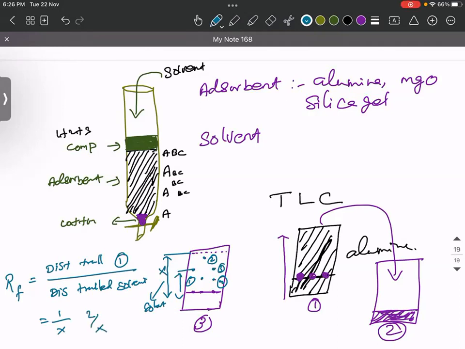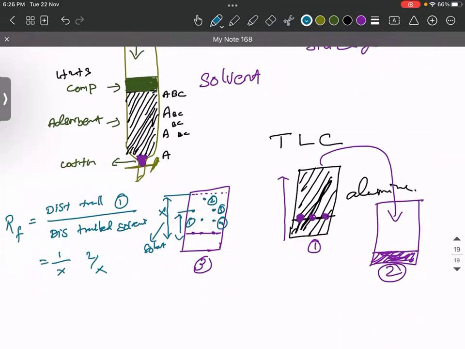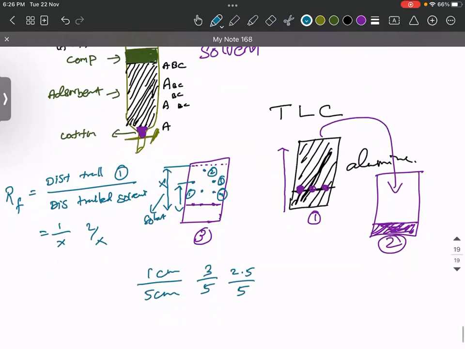So now this RF value, what does it tell? For example, 1 will go 1 centimeter, divided by the solvent which goes 5 centimeter, and the 2 is going 3 centimeter by 5 centimeter. 3 is going 2.5 centimeter by 5, and 4 is going 1 by 5.